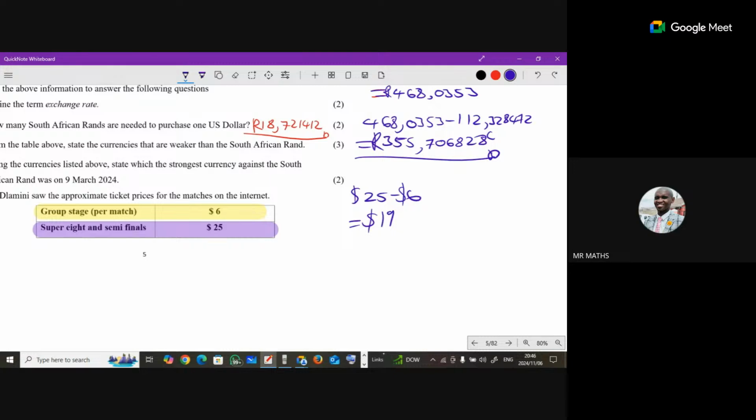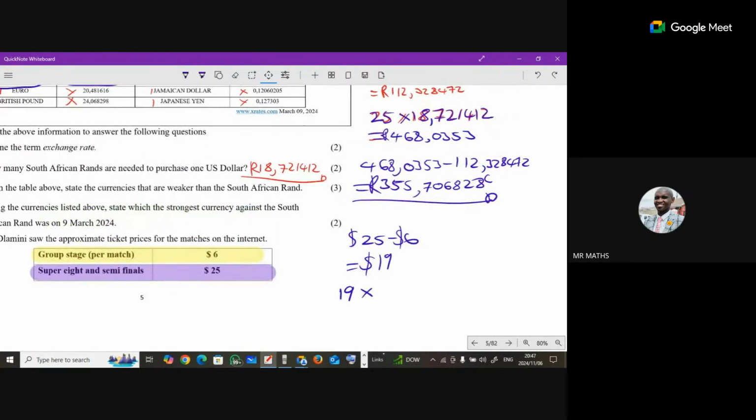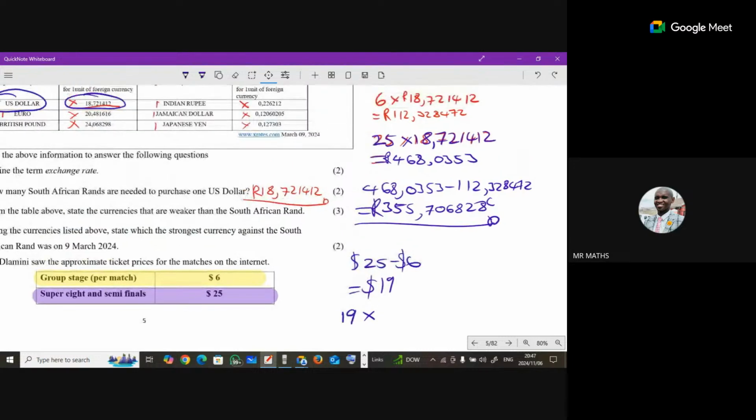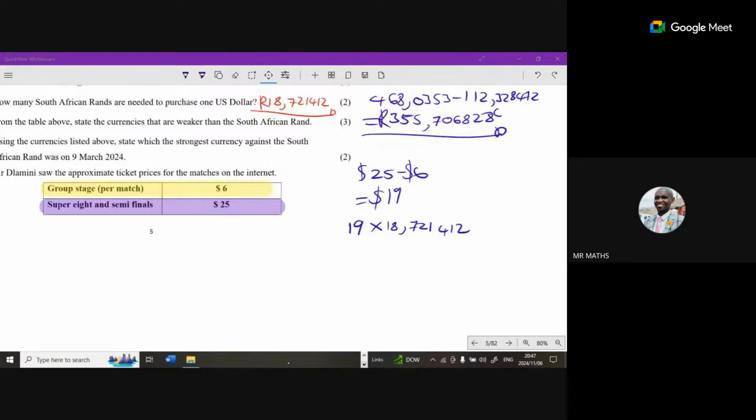So because now you know that, I will only convert this $19. I multiply it by the rand rate, remembering that the rand is 18.721412 from the table. Then use the calculator without sweating.